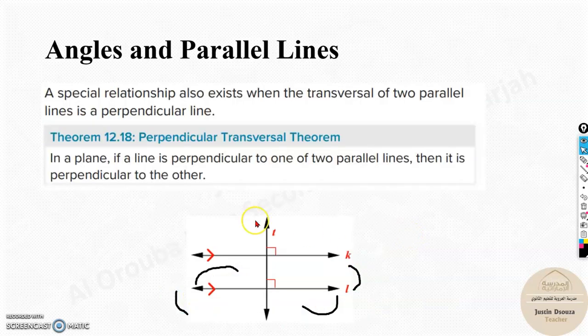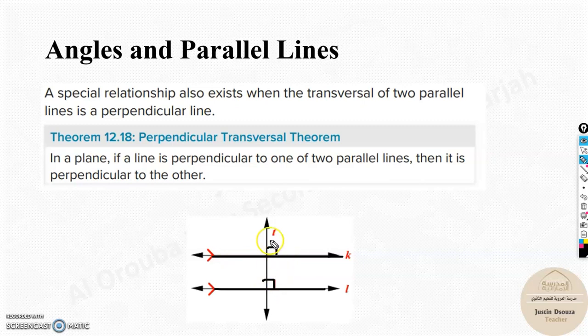There is also a special relationship, the perpendicular transversal theorem. In a plane, if a line is perpendicular to one of two parallel lines, then it is perpendicular to the other. What it means is, if this is the transversal and it cuts one of the lines making 90 degrees, then, since the slopes of the parallel lines are the same, the other line must also be cut at 90 degrees.